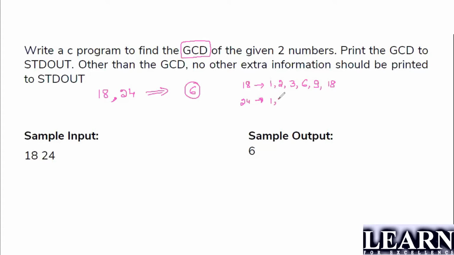Similarly, for 24 it is 1, 2, 3, 4, 6, 8, 12 and 24. GCD is the highest common factor or greatest common divisor. These are the divisors, so you have to find the greatest common one. 24 is not there, 12 is not there, 8 is not there, 6 is. This is the answer here.